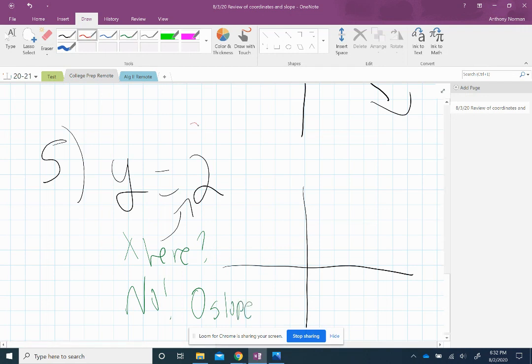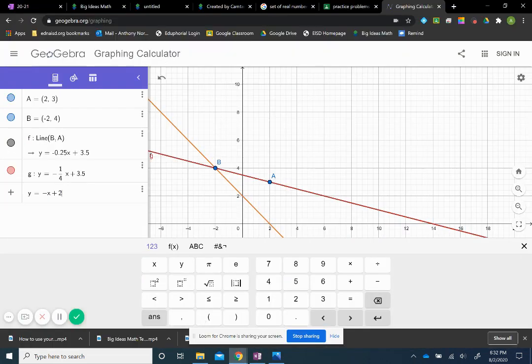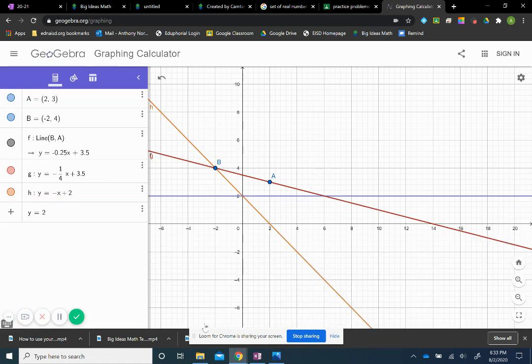That makes the 2 the y-intercept. So 1, 2. And what did it look like when the slope was 0 before? Flat. So that's our line. To confirm, we'll put y equals 2. Nice flat line. And the y-intercept is 2.